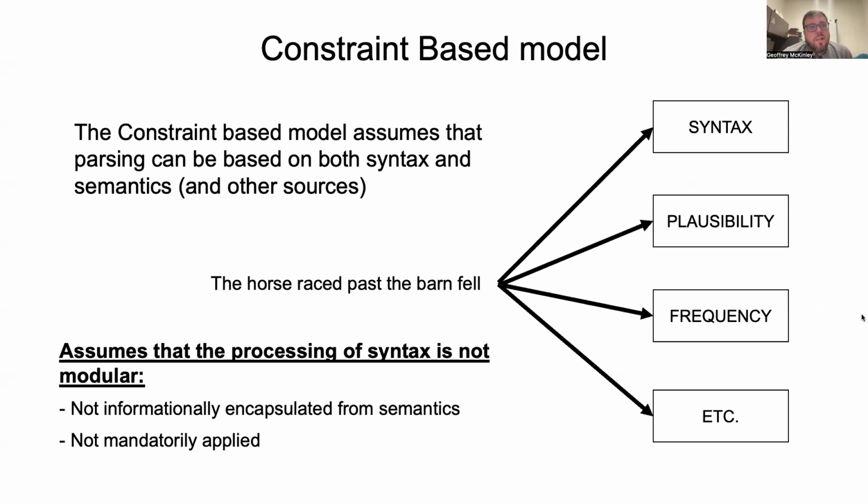Therefore, any syntactic processing that's going on is sharing information with, or receiving information from, whatever processing units are involved in processing the semantics of a sentence. In addition, the syntax module is not necessarily mandatorily applied, as modules are supposed to be.